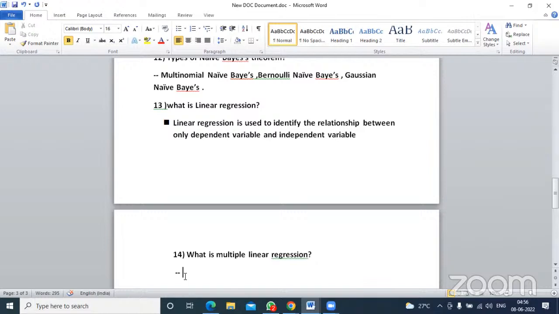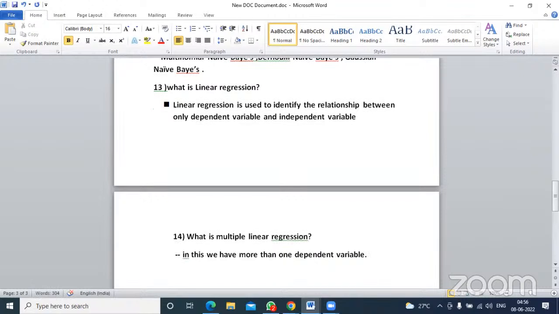In multiple linear regression, we have more than one independent variable.